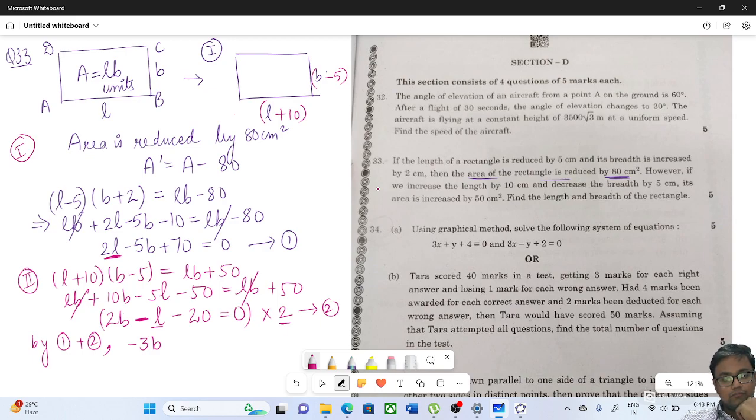So, this will be minus 5B plus 4B, that is minus B only, minus B, and it will be plus 70 minus 40, that is plus 30, or I can say minus 30.